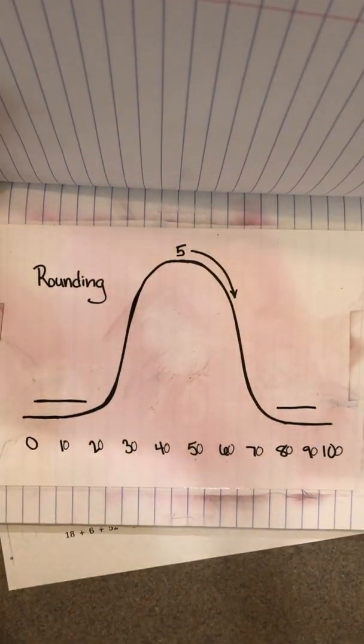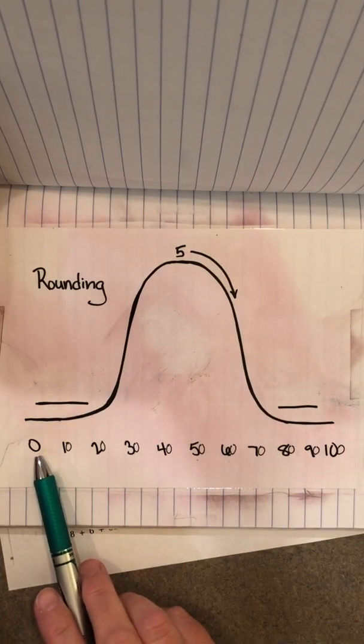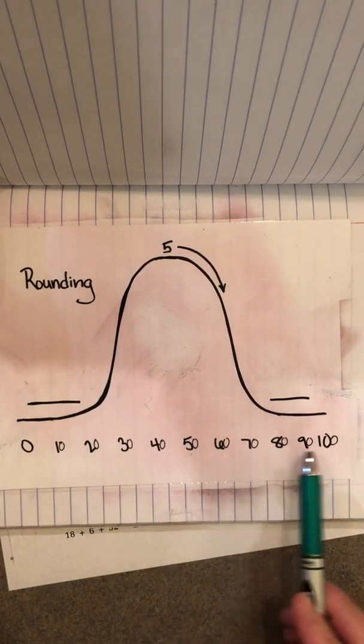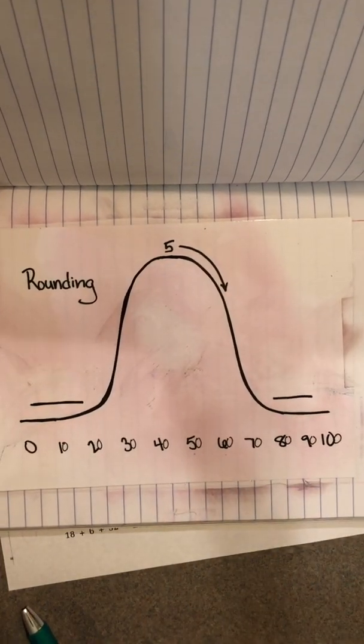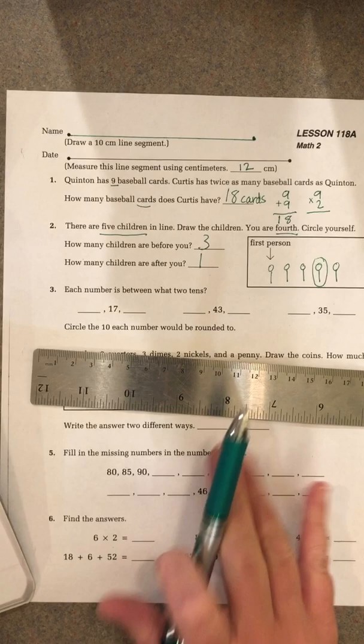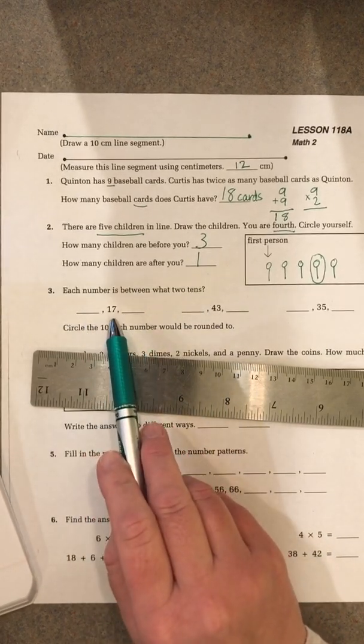This is a rounding roller coaster, okay? So what we do is we count by tens if we're rounding to the nearest 10, and there they are right there. And we do what they asked us to do here and list the 2 tens that 17 is between.